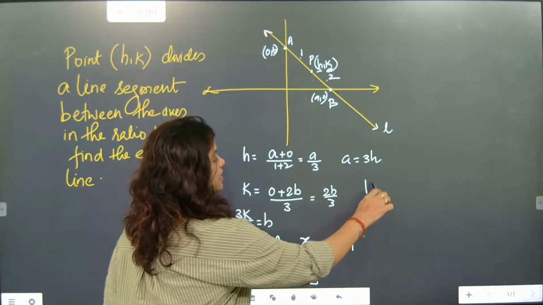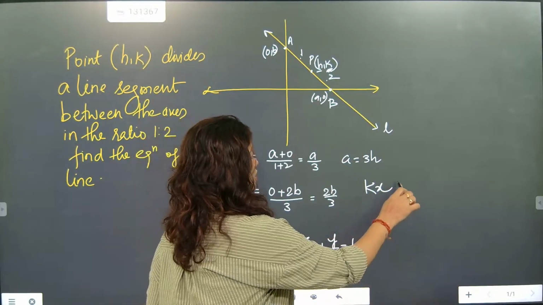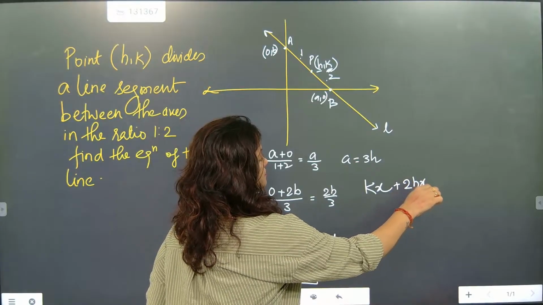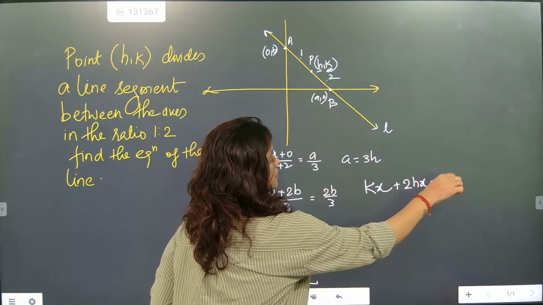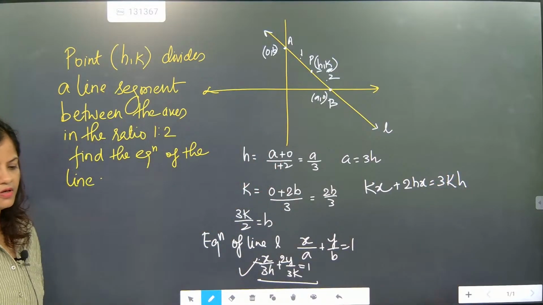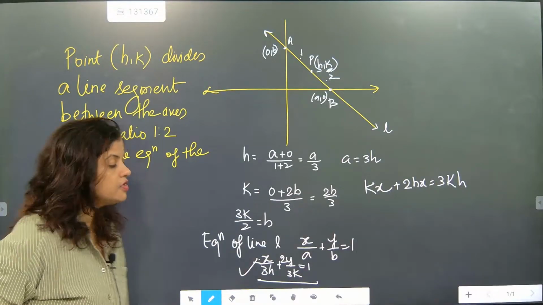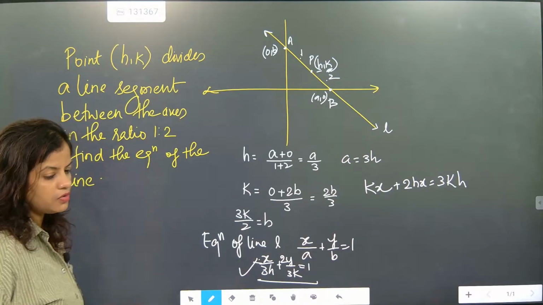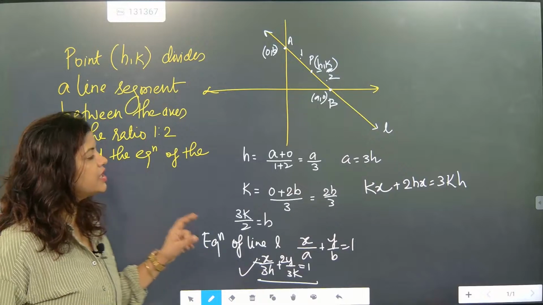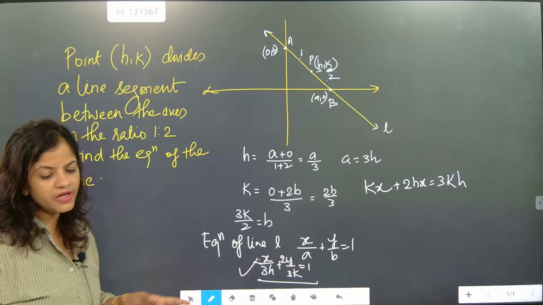It will become kx plus 2hy equal to 3kh if you want to proceed further. Note down. I wrote down your equation so that you can come to know that your answer is correct. So kx plus 2hy is equal to 3kh. This will become the correct answer.